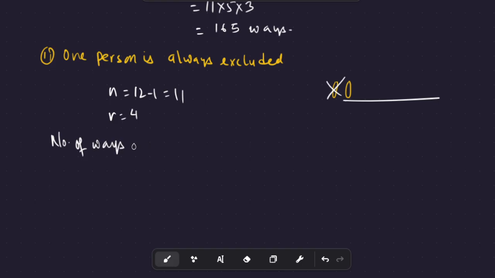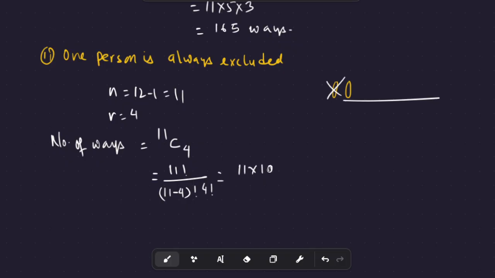Combination means number of ways: 11 C4. Now total number of ways will be 11 factorial over (11 minus 4) factorial times 4 factorial. It can be expanded now.